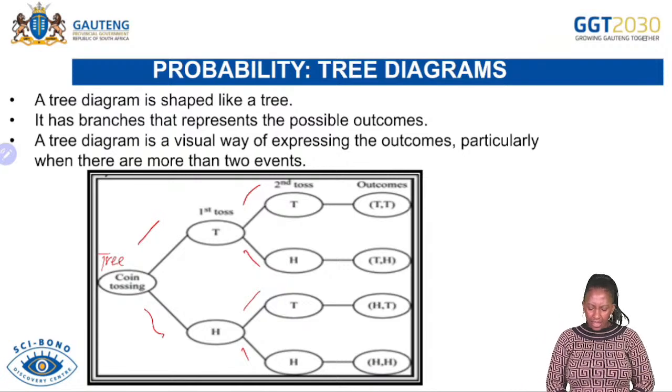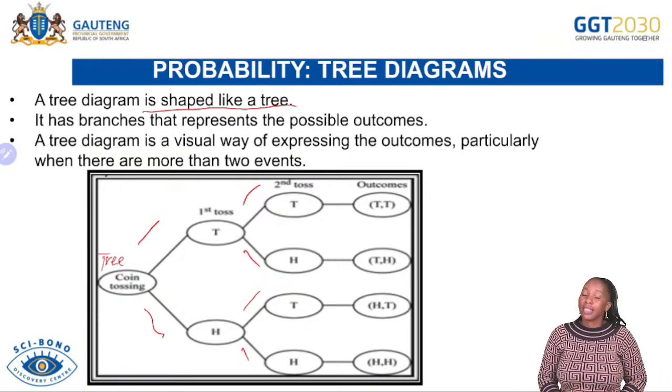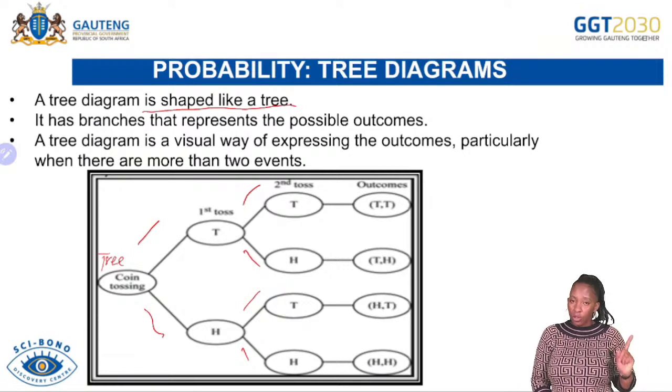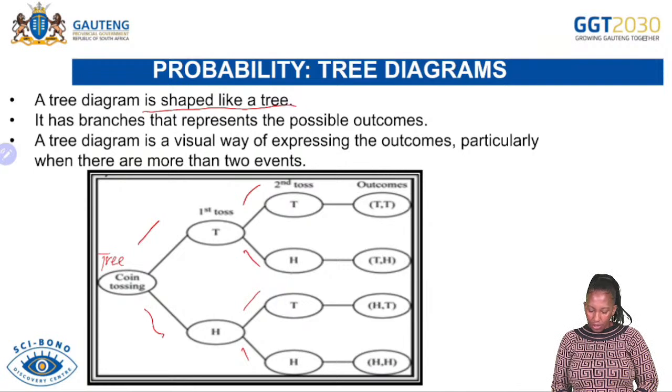Now we say a tree diagram is shaped like a tree. So when they say draw a tree diagram, they are not referring to the tree outside, but they are referring to this tree diagram. It has branches that represent the possible outcomes. These are the possible outcomes. As you can see, it's coin tossing, and these are the possible outcomes, tail or a head.